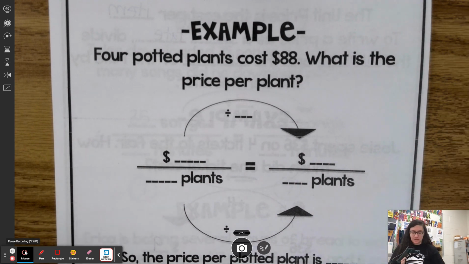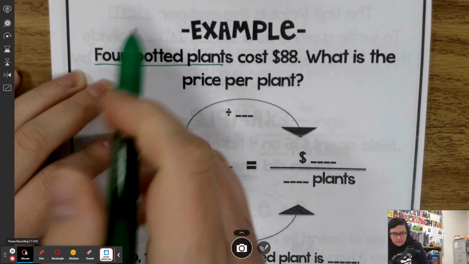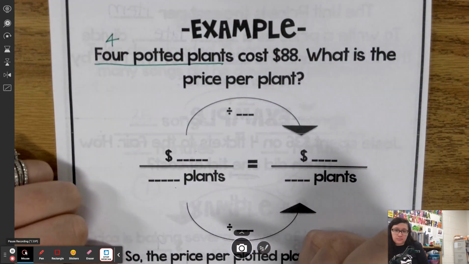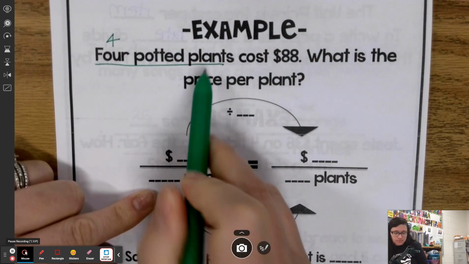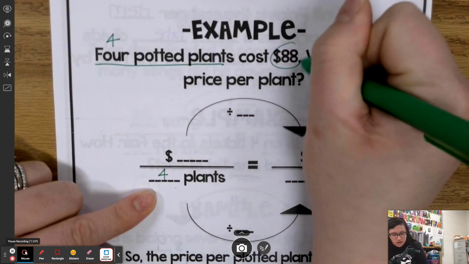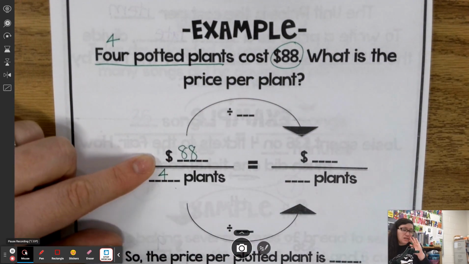Alrighty, let's see how you did. 4 potted plants. 4 is my number here. Is that going to go on top or bottom? Bottom. It's a plant number, so my 4 is going to go on the bottom. And the cost is $88. 88's on top. Money is always going to go on top.